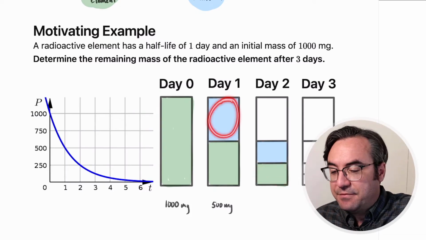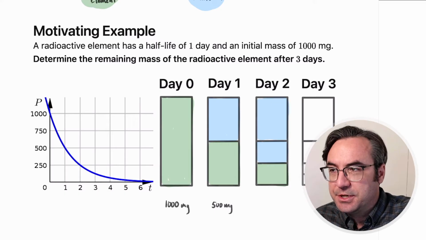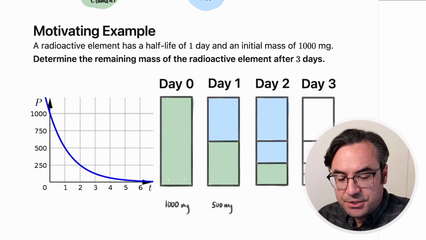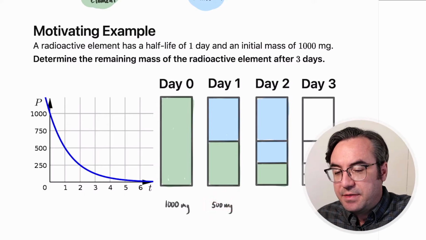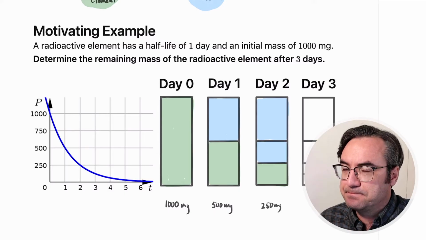And the half that had decayed from before is still some other material. It's not our radioactive sample. All right, so how much is going to be left here? Well, we're going from 500 and we're halving that. So we're going down to 250 milligrams.